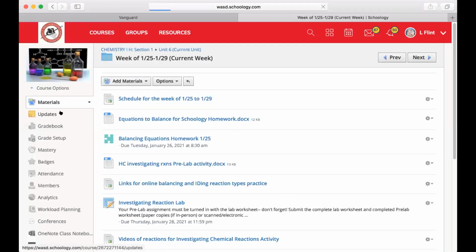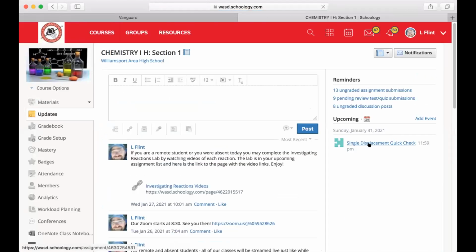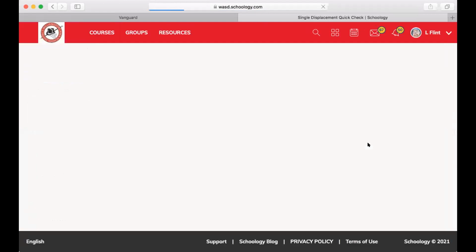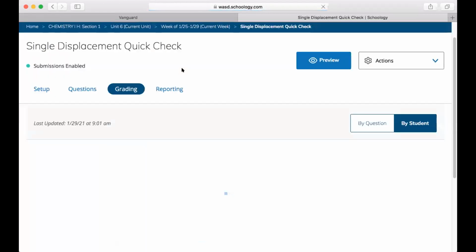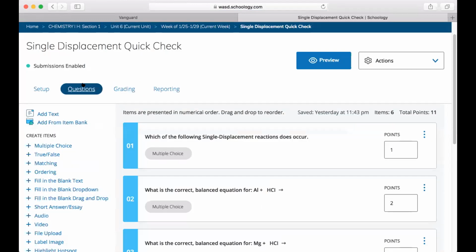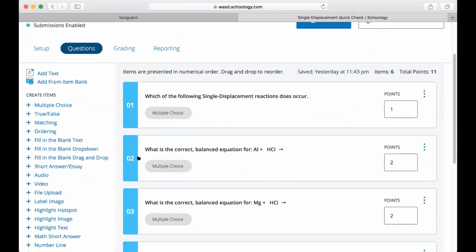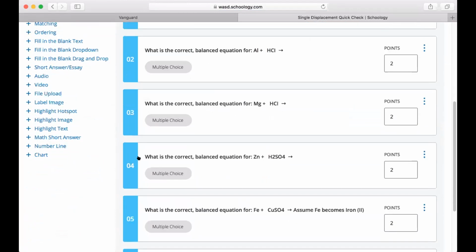Let me find the updates. Yeah, it says single displacement, because you can call it single displacement or single replacement either way. In the single replacement quick check, there are 11 questions. Some of them are about balancing or determining whether or not reactions take place.